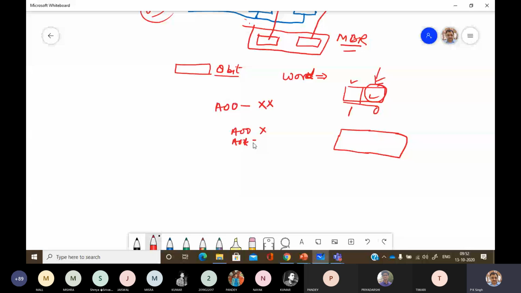Suppose this is A, this is B. If you write AB at address A00, then A is written at A00 and B is written at A01.